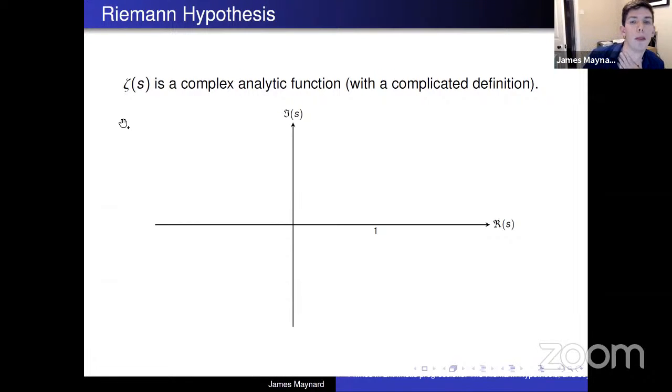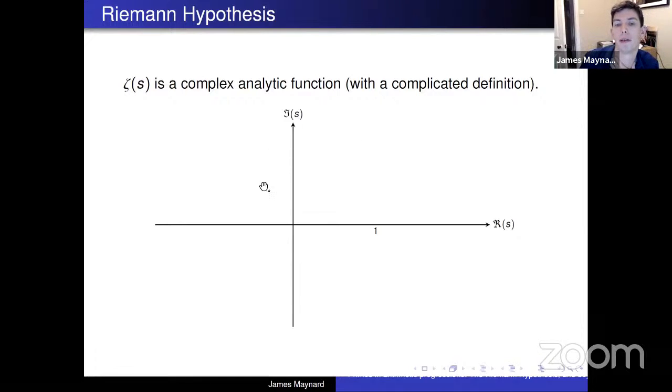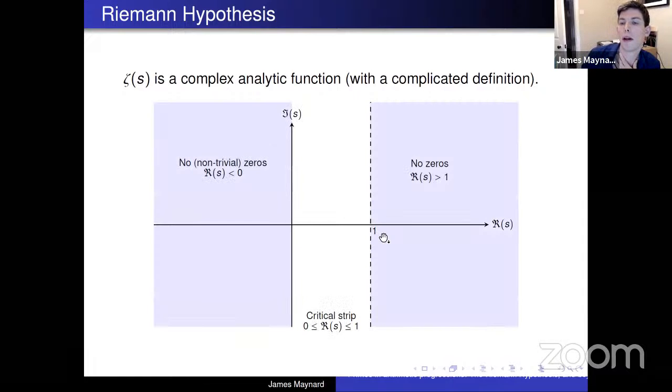So the Riemann hypothesis is about a complex analytic function which is called zeta of s, and it's really about the zeros of this function zeta of s in the complex plane. So I've drawn a picture of the complex plane here, and when the real part of s is bigger than 1, essentially the zeta function is fairly well understood, and it turns out that the zeta function has no zeros in this region.